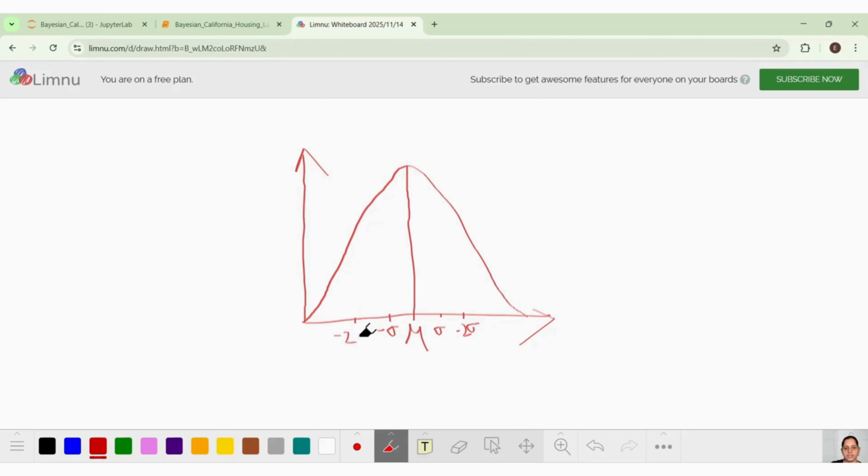Positive, positive. This is negative. So this whole understanding of our normal distribution curve is based on your mu, or the mean, and standard deviation.